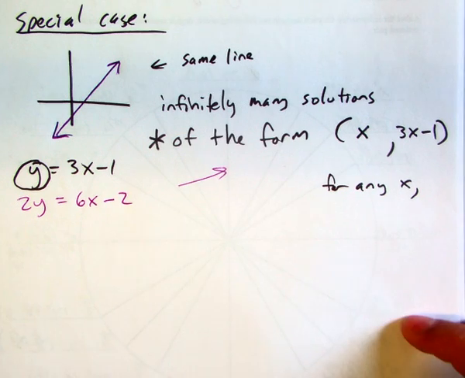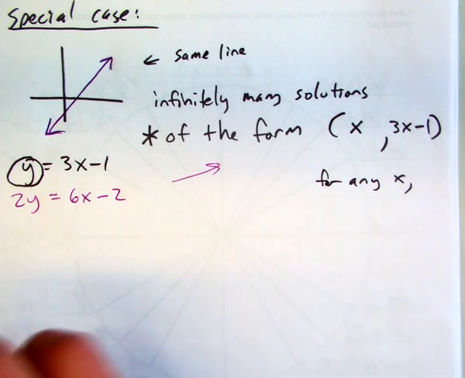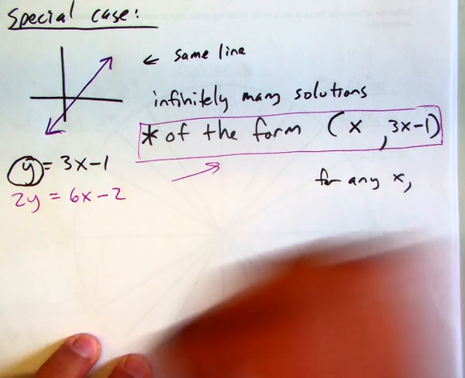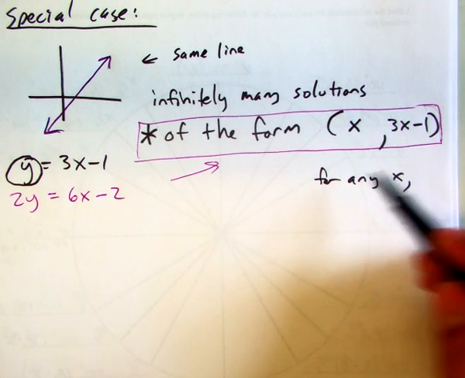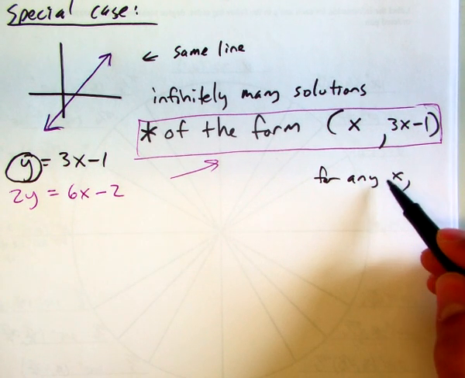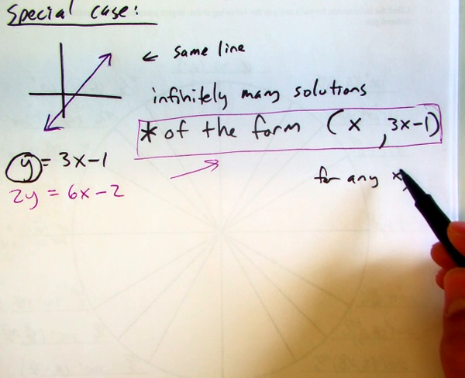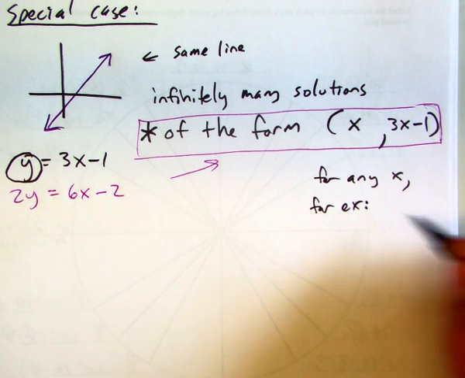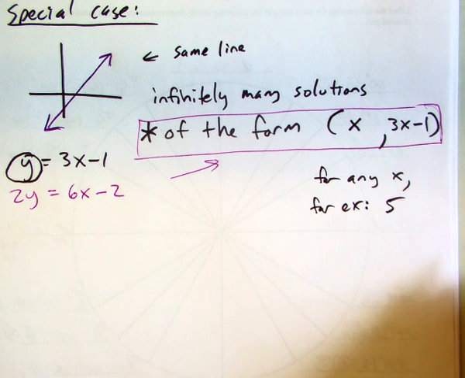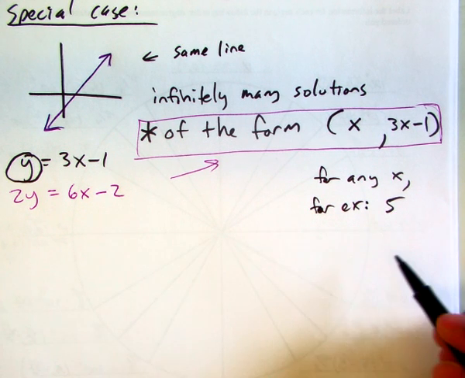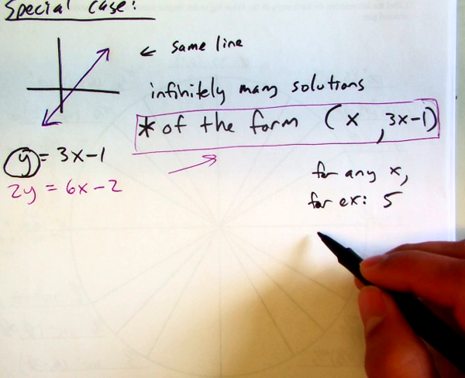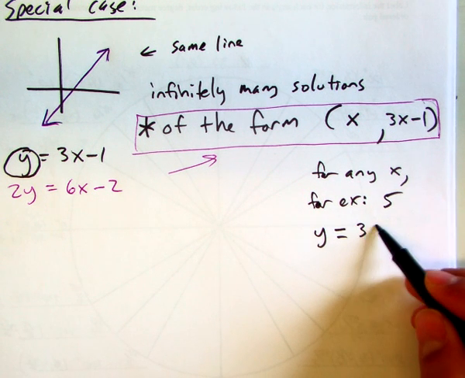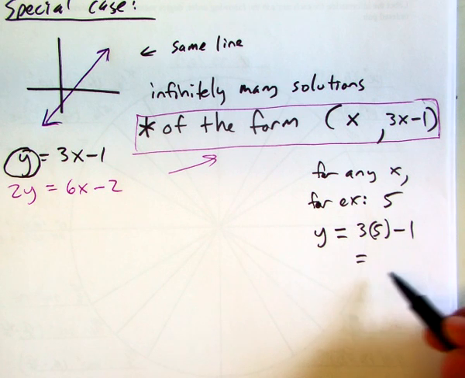All right, so as I was saying, what this weird notation means is that you can pick any number for x. So let's say, for example, let's pick a number, like 5. Okay? Y would have to be what? 3 times 5 minus 1, which is 14.